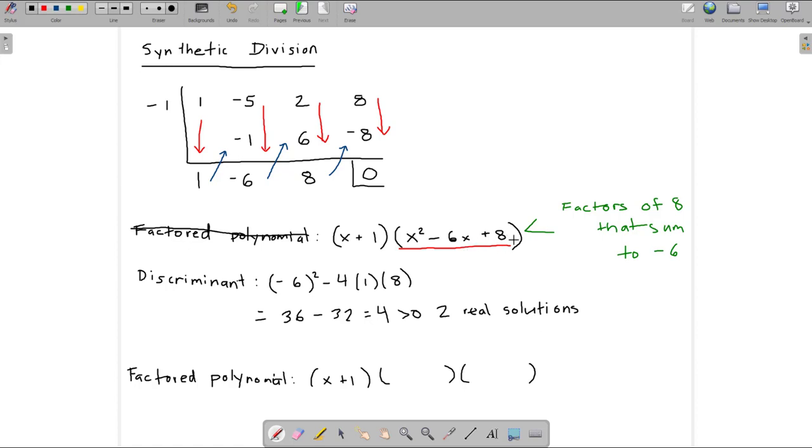And so factors of 8, well, I can see 4 and 2 would make sense here because those are going to sum to 6. And then I just need to make sure that they have the negative signs, -4 and -2, right? -4 times -2 will multiply to positive 8, and then we'll sum to -6. So I just need to put those in here.